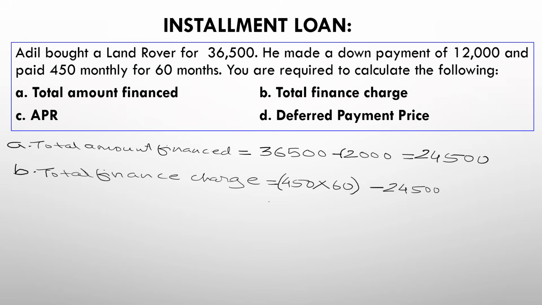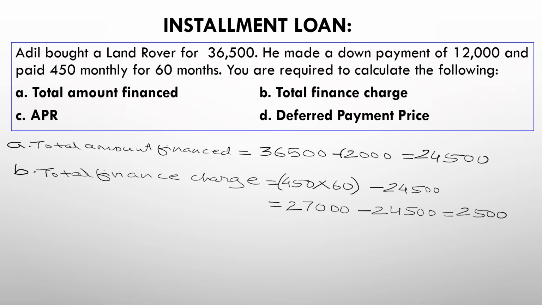So 450 multiplied by 60 will come to 27,000, minus 24,500. It will come to 2,500. So this is the finance charges.